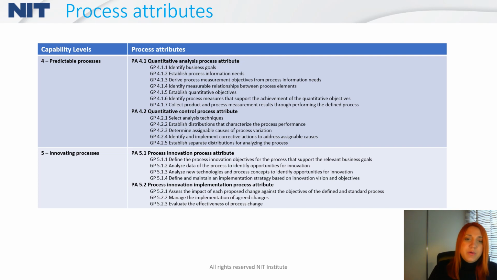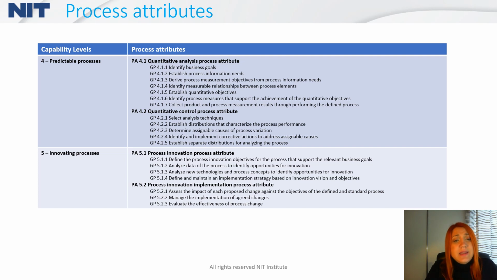In the predictable processes level, we have a process attribute which is called quantitative analysis process attribute. And this is used for identifying business goals, establishing process information needs, and some similar stuff.